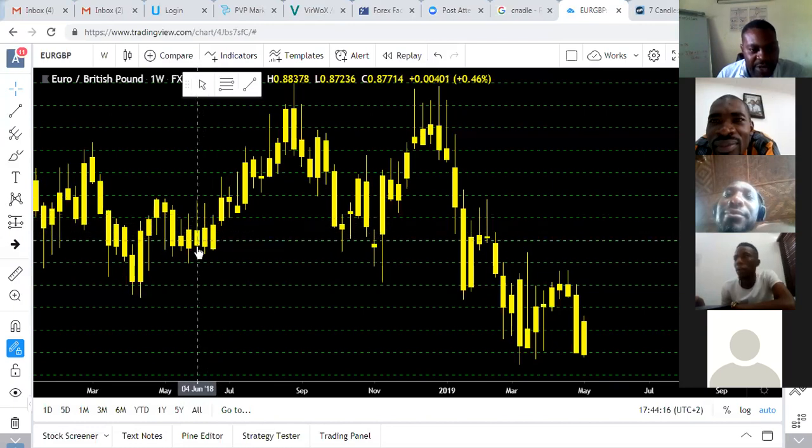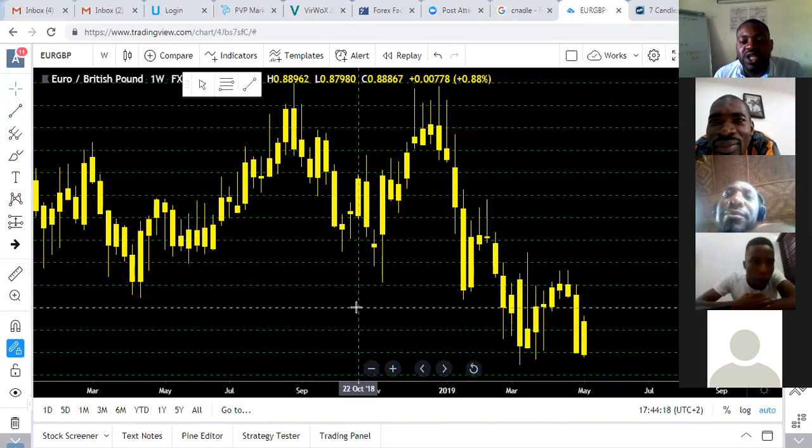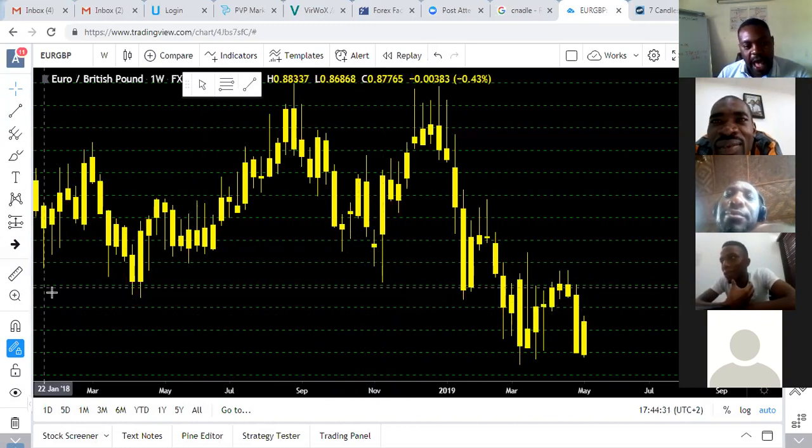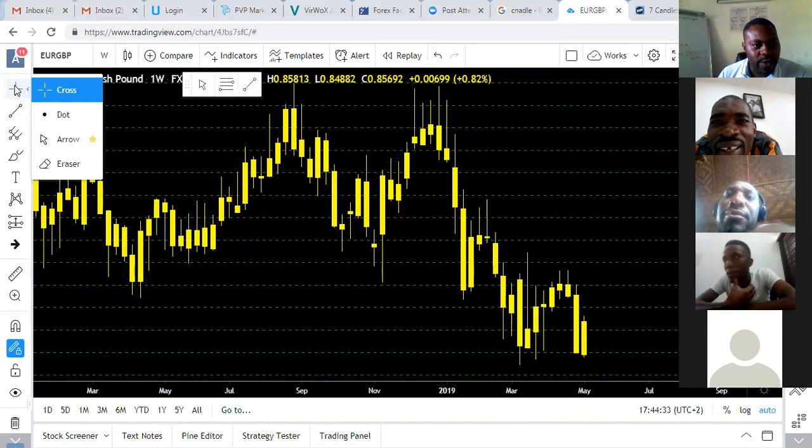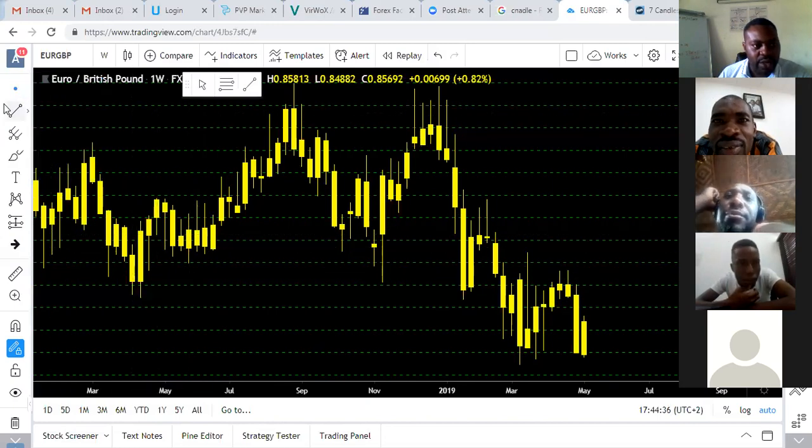So this candle, if I ask you if it's bullish or bearish, you'll be thinking a lot. But if it was green or red, you would just hurry up and tell me, oh no, it's a bullish candle, or oh no, it's a bearish candle. Now look at this. I hope my cursor is not getting in the way. Let me use a smaller cursor, a dot.